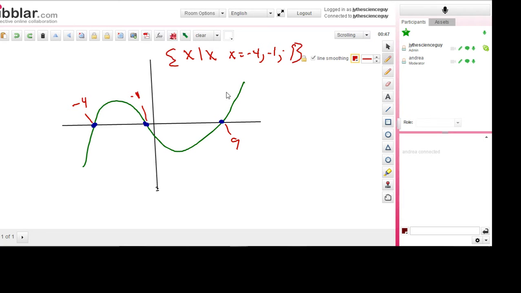Okay? Okay. So if I want to write them as polynomials, then I could say that, let's say this function is f of x. So the function would be x plus 4, x minus 1, and x plus 1 and x minus 9.